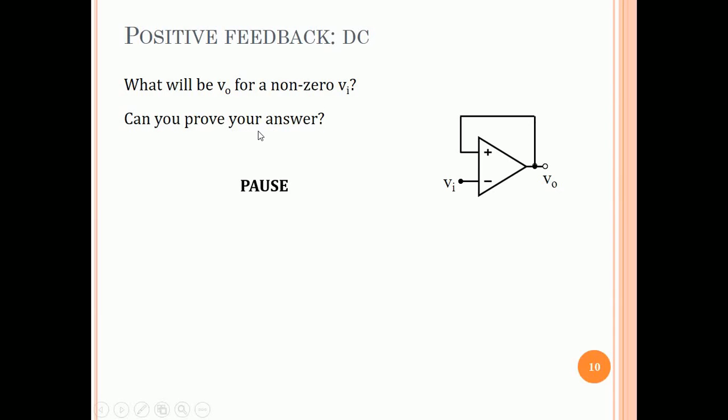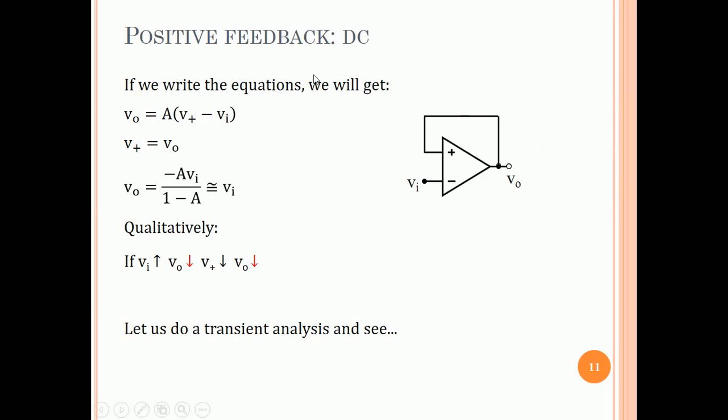Alright, let's write equations. We'll first write equations for DC, and then we'll do the transient. VO is equal to V plus minus V minus, which is VO minus VI. V plus is equal to VO, so we get VO equal to A times (VO minus VI). We take the A VO to the other side.